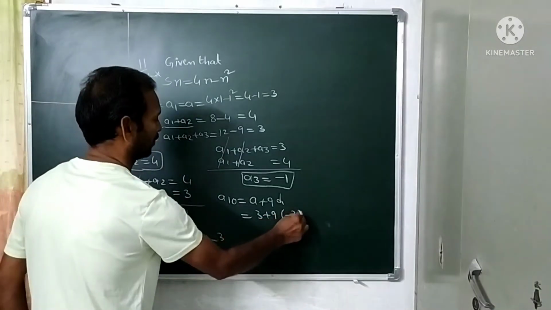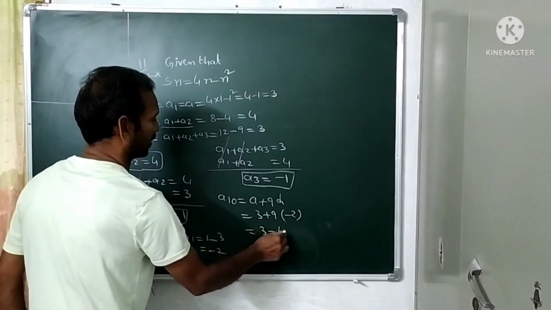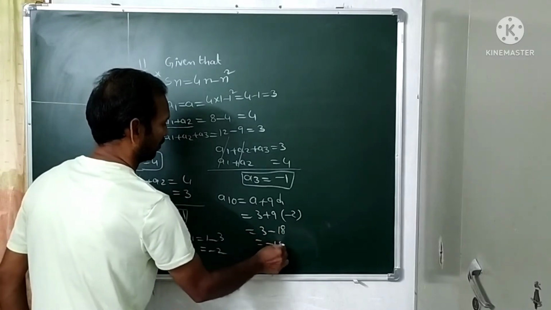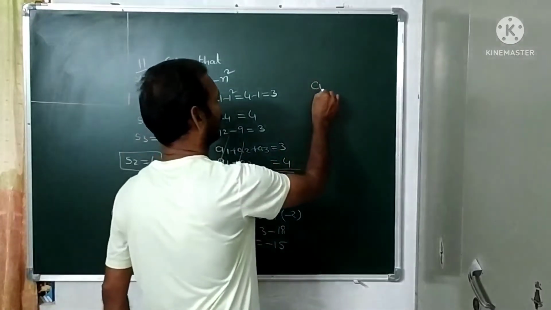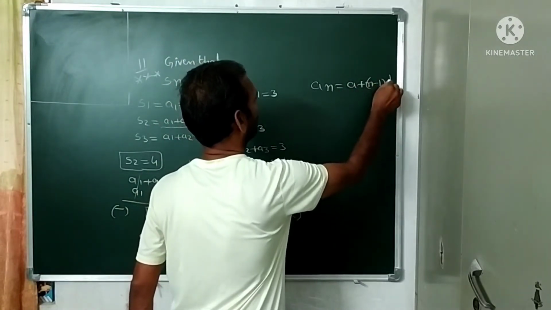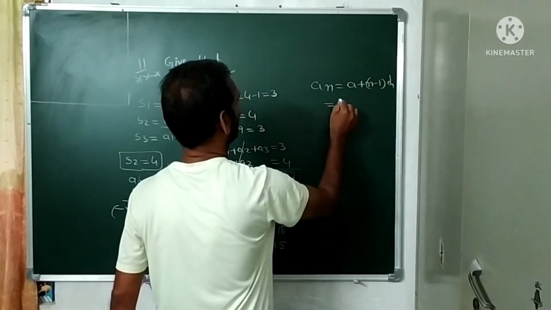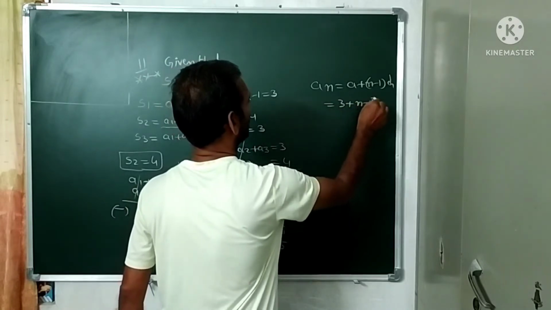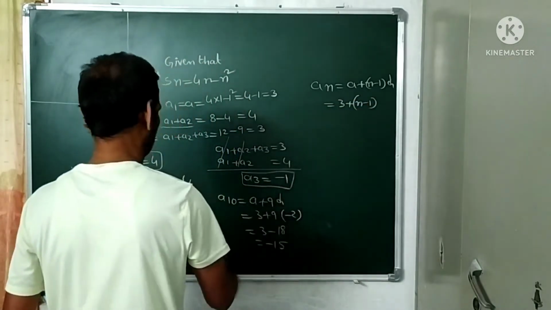Right here, minus 2: 3 minus 18 equals minus 15. The nth term, An, is equal to a plus n minus 1 into d. The a value is 3 plus n minus 1 into the d value, minus 2.